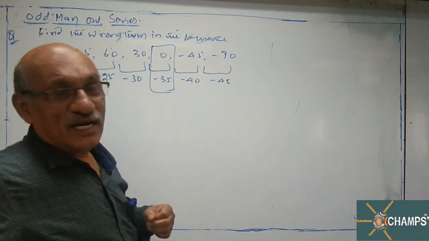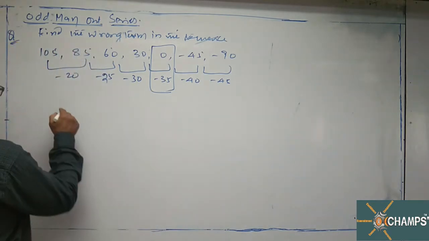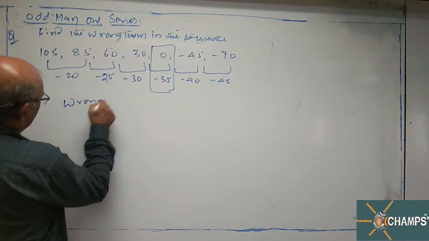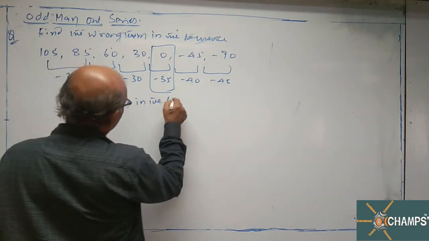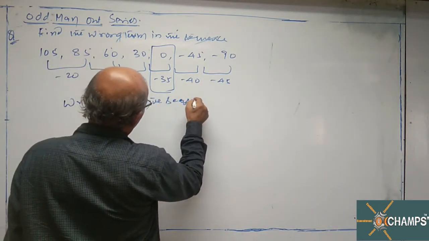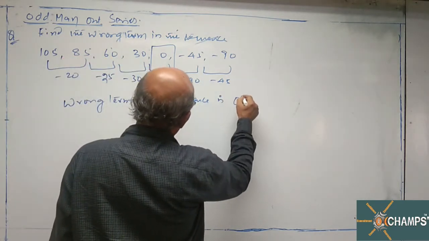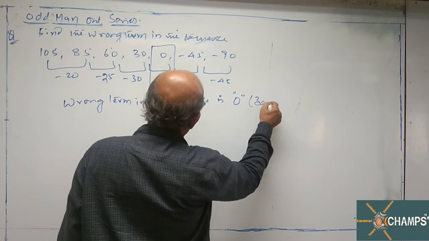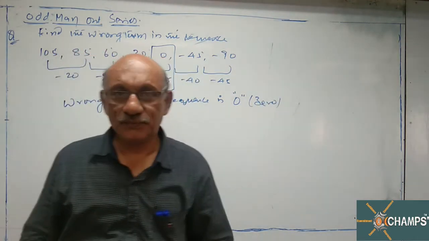So where I am getting the disturbance, with the 0 I am getting this disturbance. Therefore the wrong term in the sequence is 0.